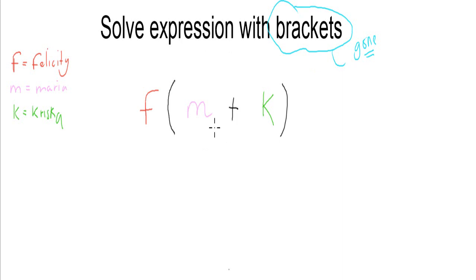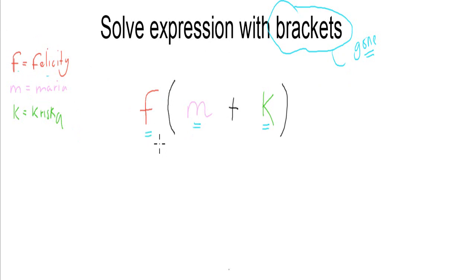To make it a bit simpler, I'm going to tell you a story, changing maps into a story, to show you how we can solve these brackets. Imagine F stands for Felicity, M stands for Maria, and K stands for Kriska. Felicity is going to visit Maria and Kriska at their home, and they both live in the same home.